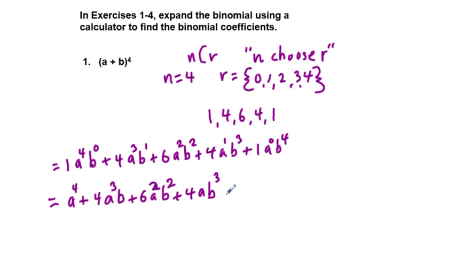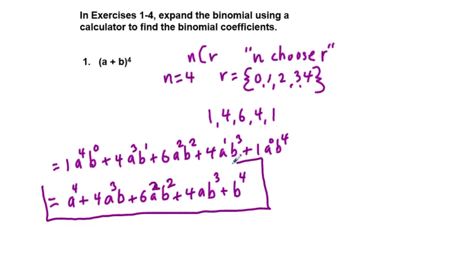And then plus 1 times a to the 0, which is 1, so we're left with b to the fourth power. So this is our complete binomial expansion, having used a calculator. We could have done this without a calculator, but it would have been more involved. That's our first odd number problem in this set.